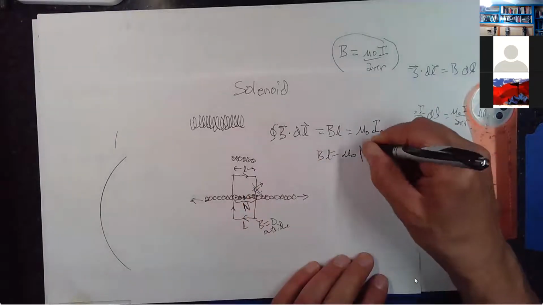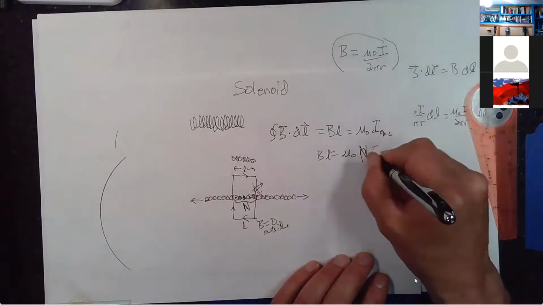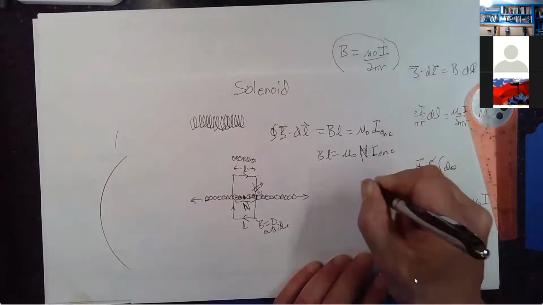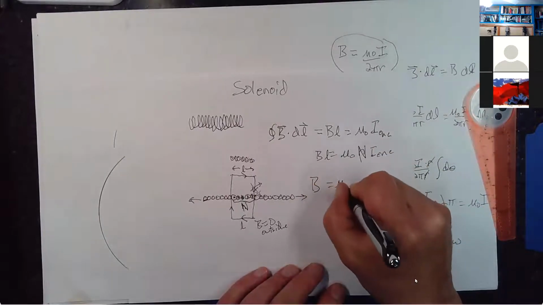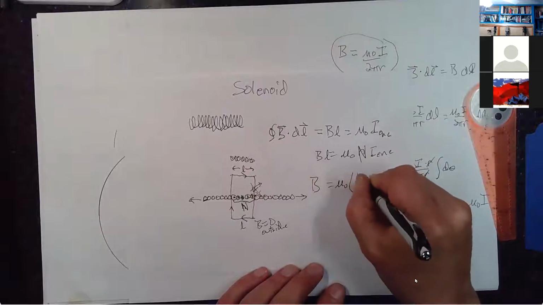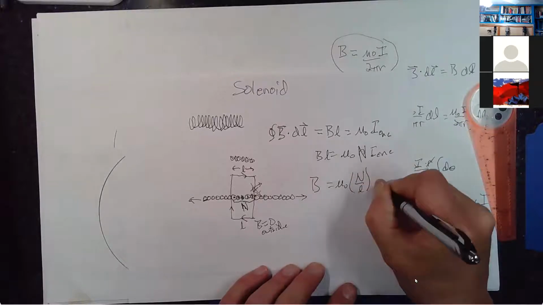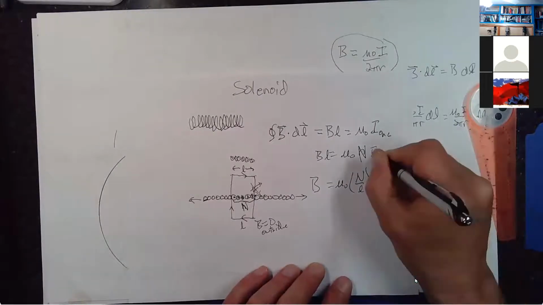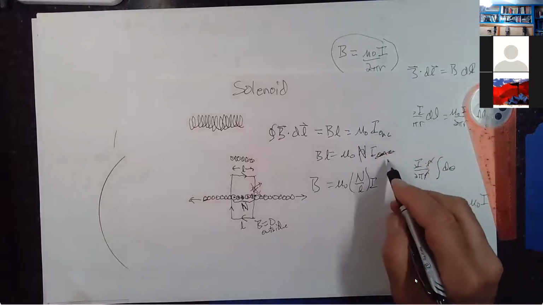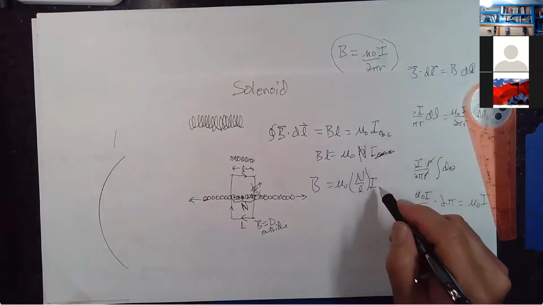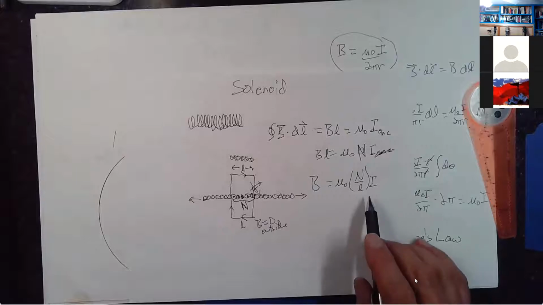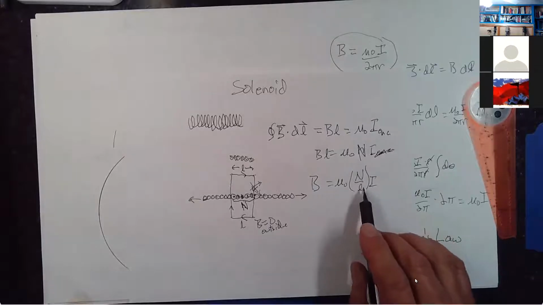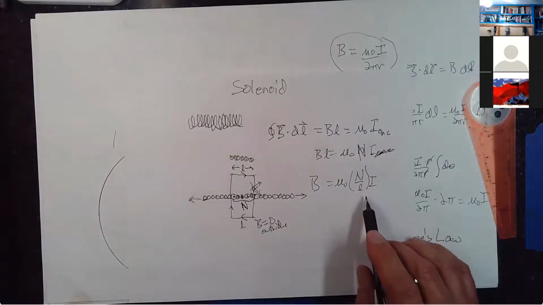Don't want to confuse the notation from what's in the book. The magnetic field ends up equaling mu naught times N over L times the current. Actually, it's just plain the current that's in each one of those loops, not enclosed.